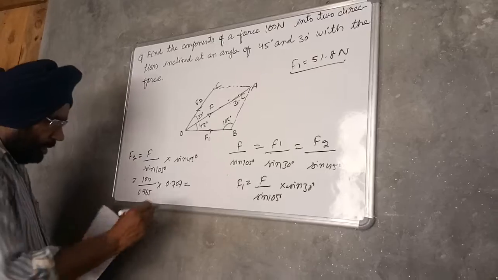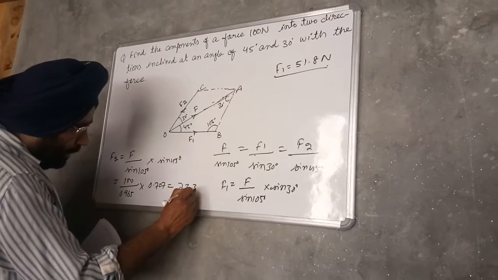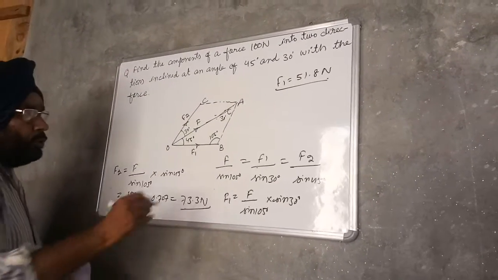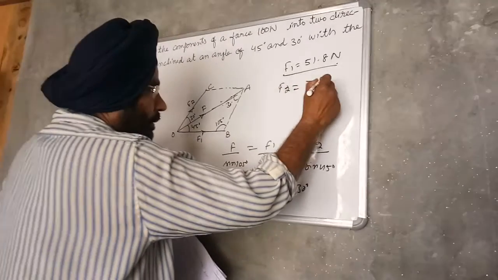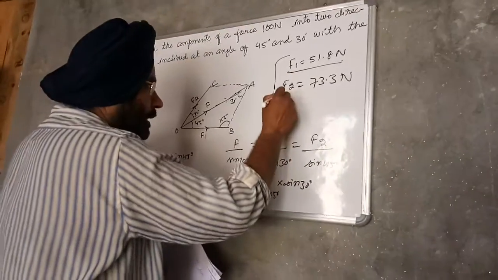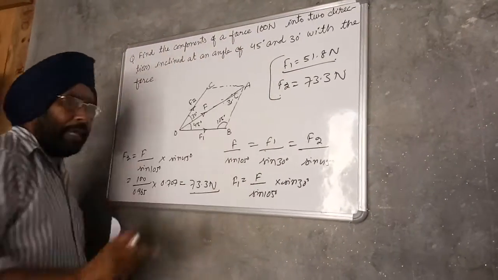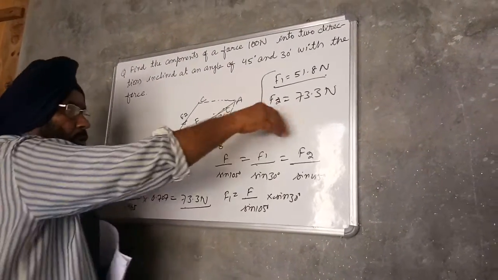So this is equal to 73.3 Newton. So the second component F2, its magnitude is 73.3 Newton. So these are the two components of the force F. This is our required answer.